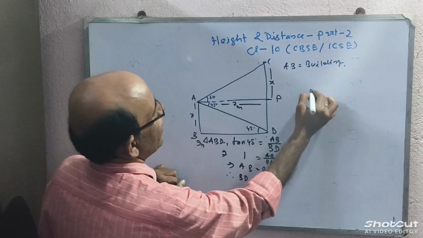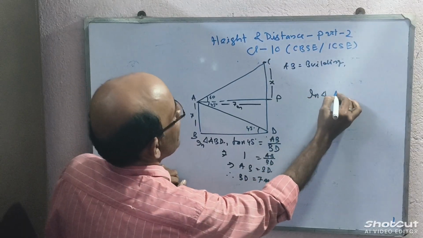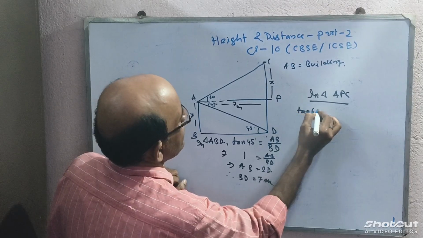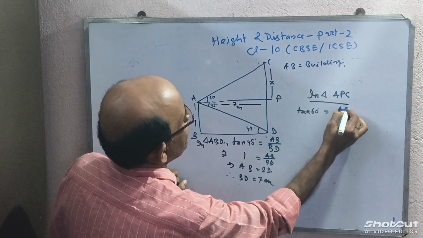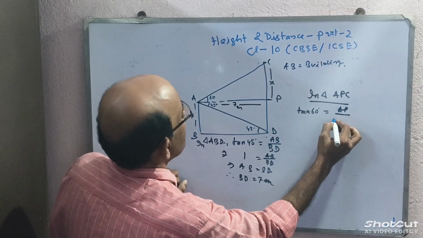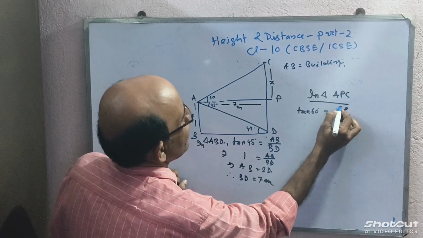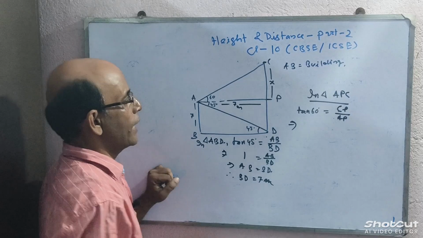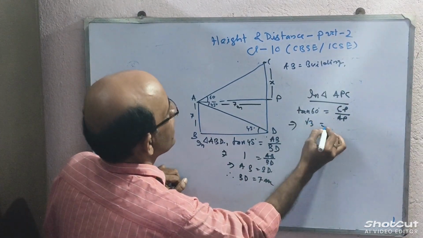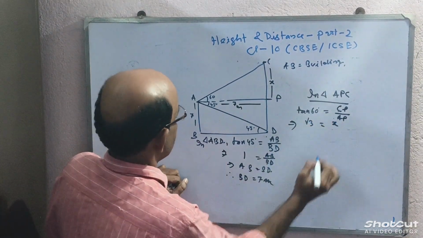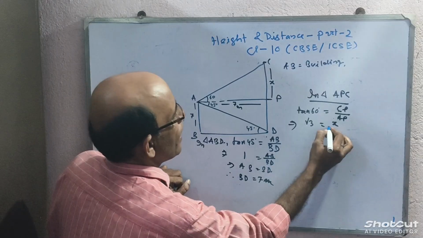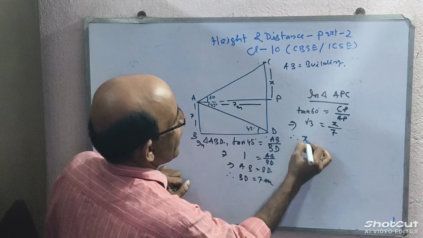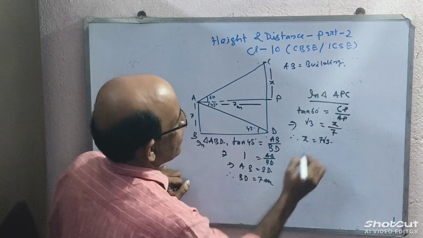Now in triangle APC, tan 60 degree is equal to CP by AP. Tan 60 is root 3, is equal to CP is equal to x and AP is equal to 7 meter. Therefore, x is equal to 7 root 3.